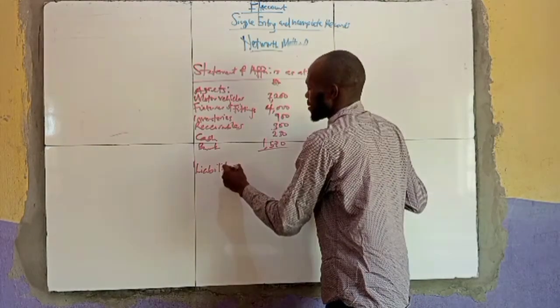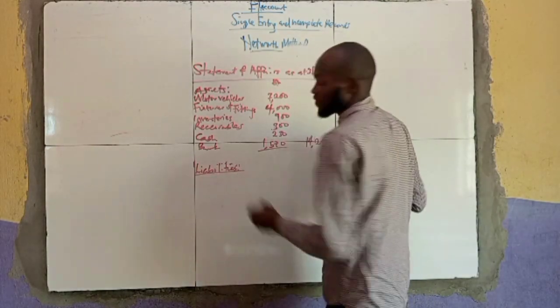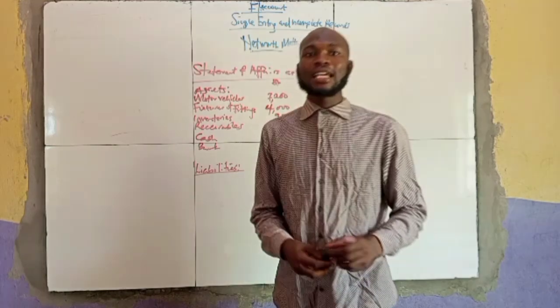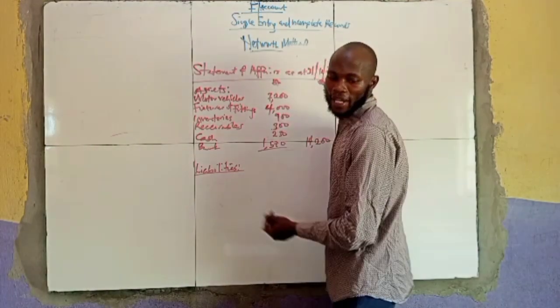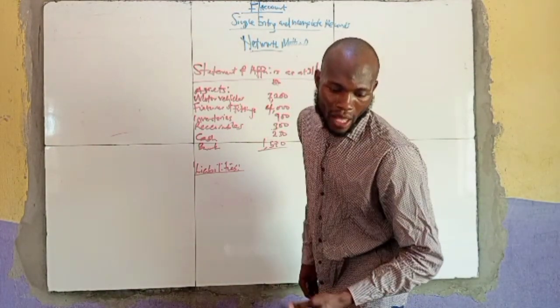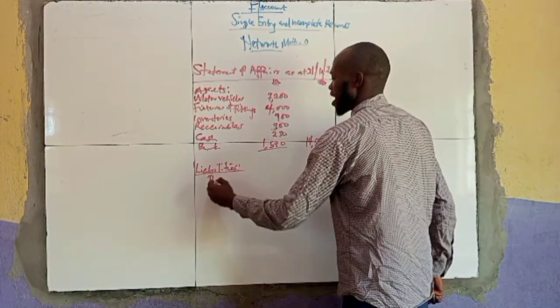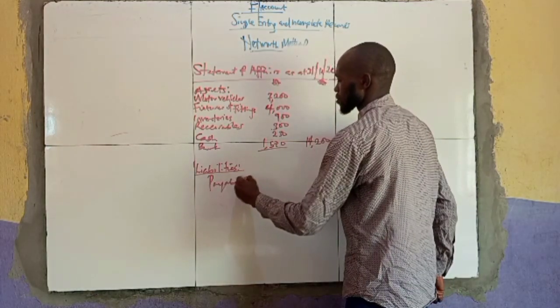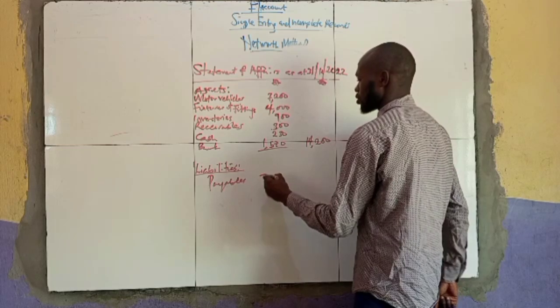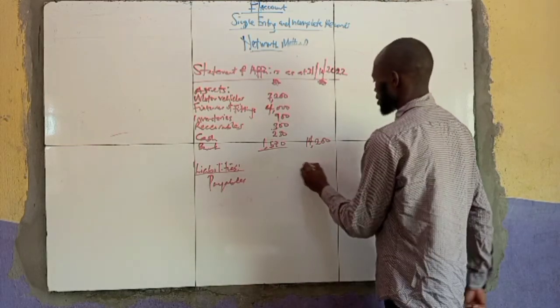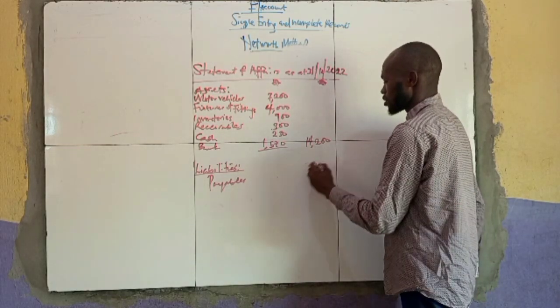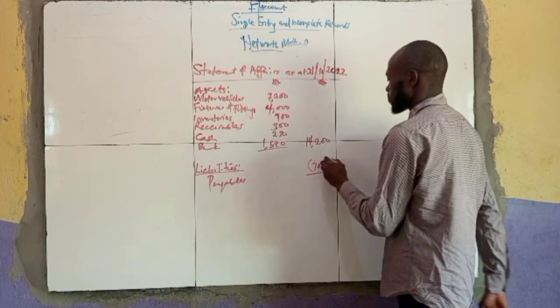Then we go to the liability. As explained, to determine our capital, we have to subtract liabilities from assets. According to the question, the only liability we have there is payable, which is 700. Since we have to subtract it, we are going to bracket it.